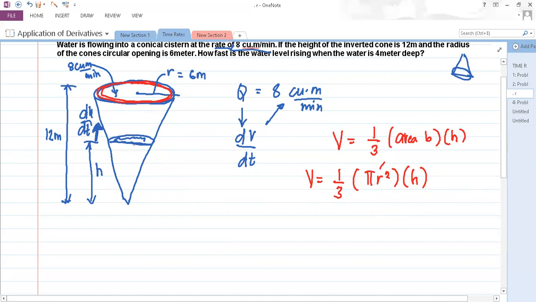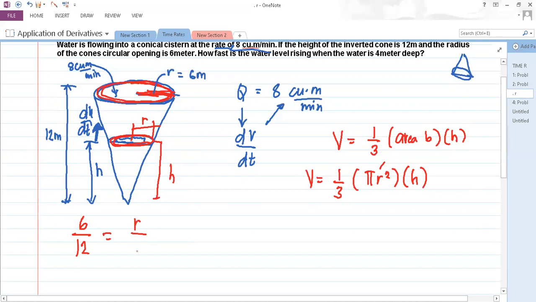We're going to look at our illustration. The radius is 6, and our height is 12. So if we're going to find the radius here, it is in terms of h.